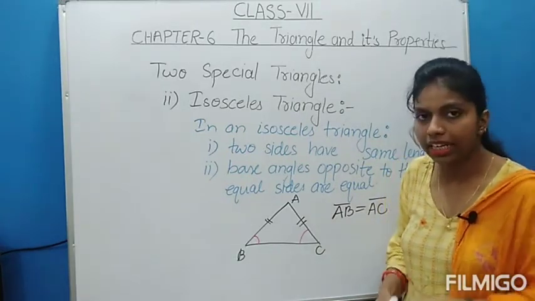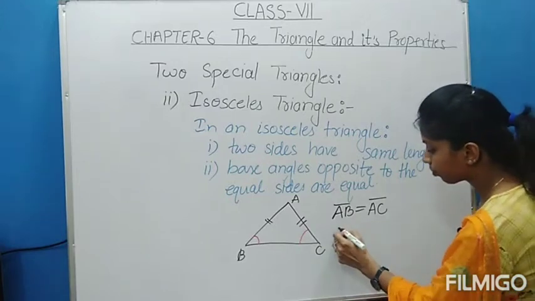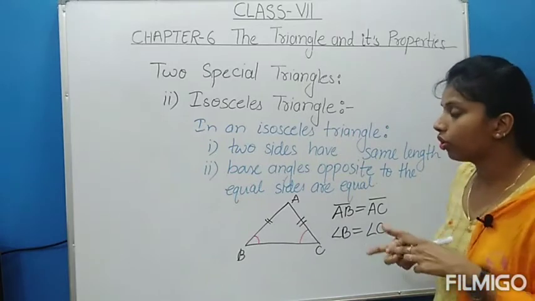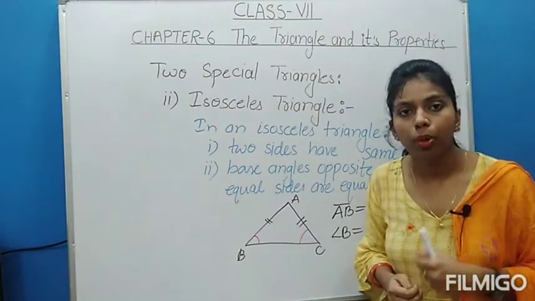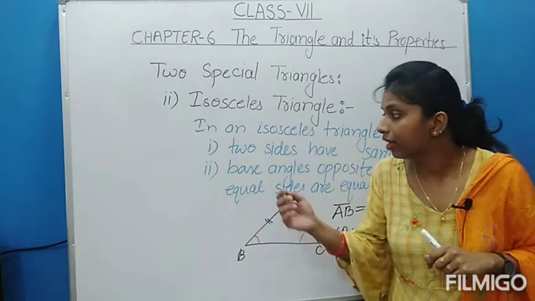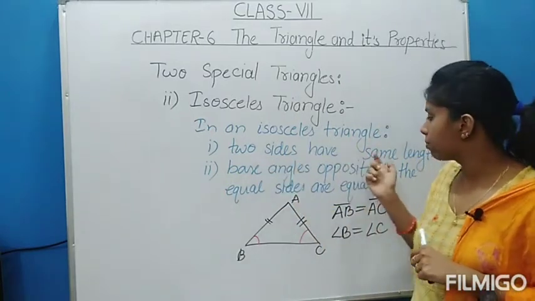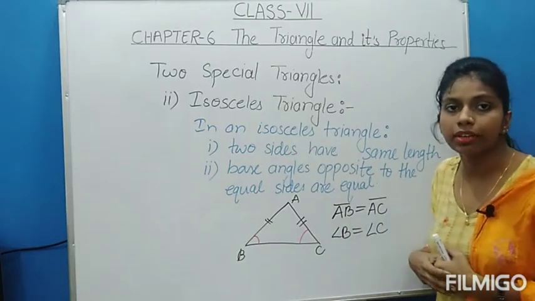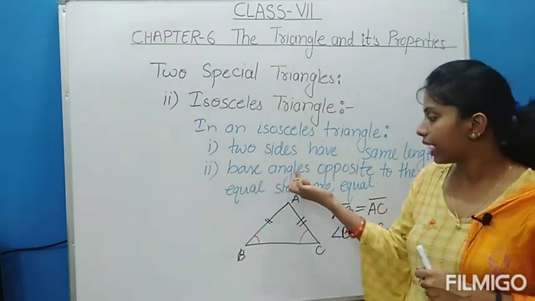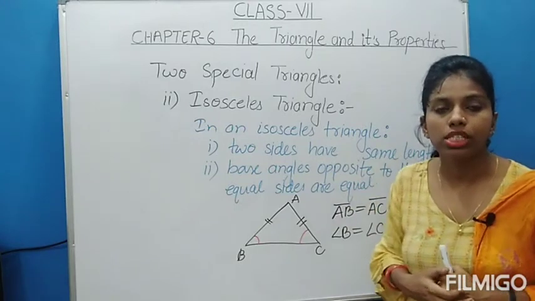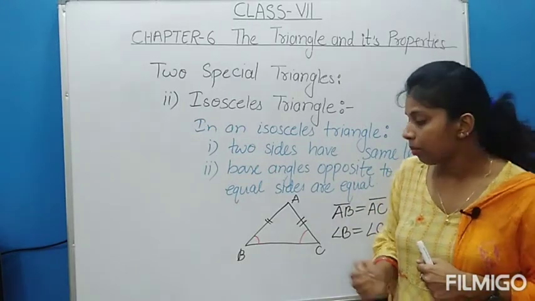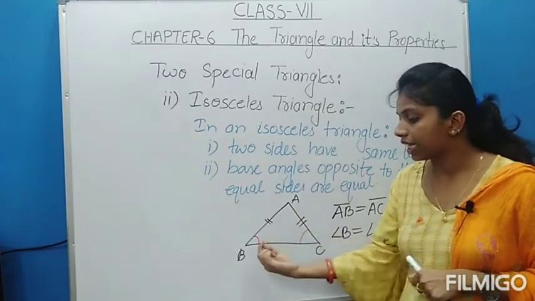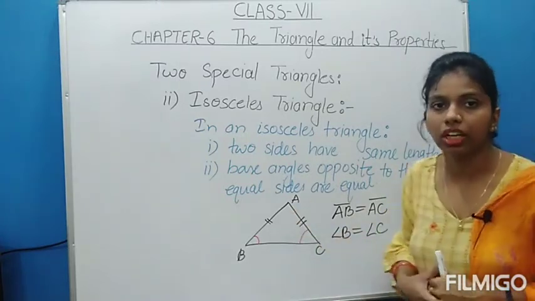So we can write angle B is equal to angle C. So here we have two properties for an isosceles triangle. First, two sides have the same length, so AB is equal to AC. Second, the base angles opposite to the equal sides are also equal, both equal to each other.